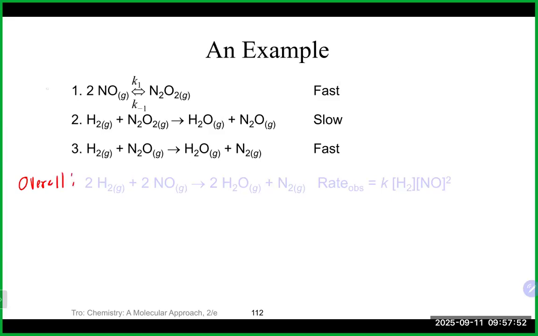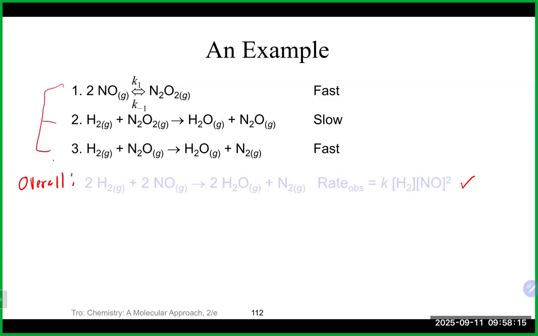So here's the overall reaction we're shooting for. This is the proposed mechanism up here, and this is the observed or experimental rate law. So we want to use the mechanism above to show if this is a good or bad mechanism. The first thing we want to do is add everything together, to make sure that we do get the overall reaction.